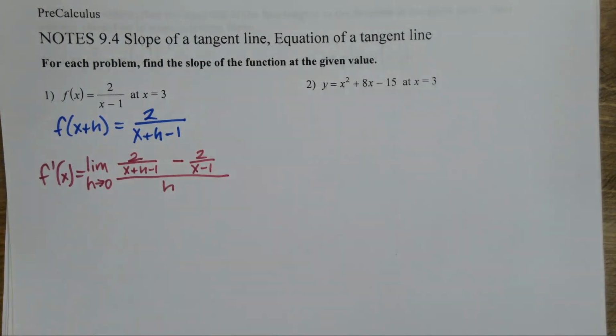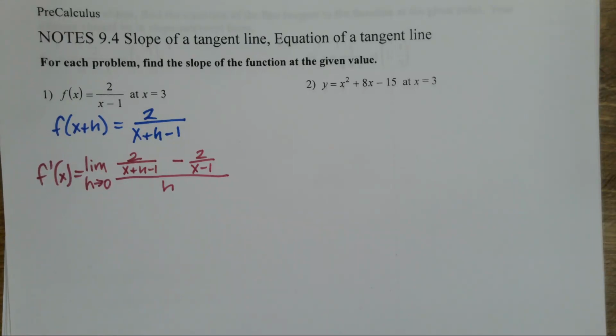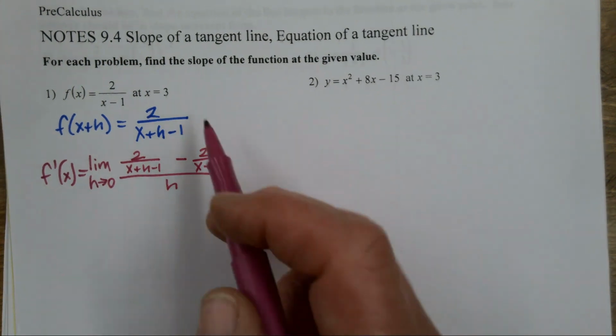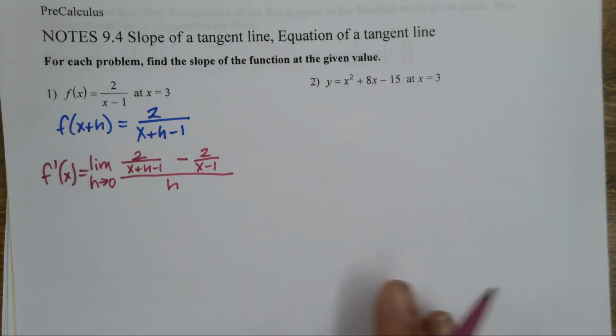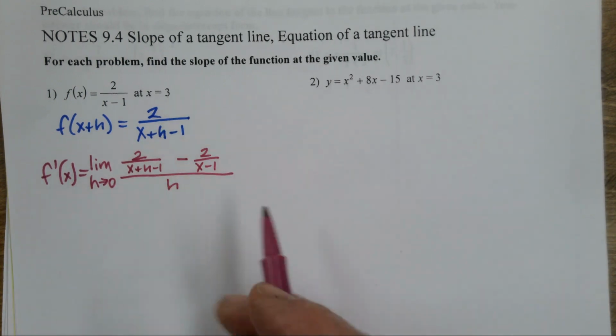Ring a bell after the weekend? We good? Yeah, looks familiar? And then when we're done, we'll plug 3 into x. It's the same thing. In fact, you could even right now plug 3 in for x and work your way through. You'd get the same answer, but I'm just going to work through the way that we did.